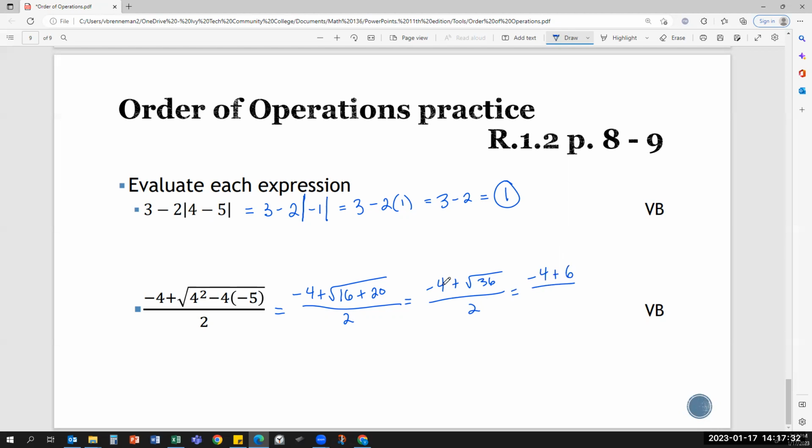That is still addition, so I don't need to add parentheses around that because I don't need to maintain juxtaposition or anything like that. Then the -4 plus 6 is grouped by being on top of the fraction. So those get combined first. And that's 2 divided by 2, which is 1. So that's order of operations.